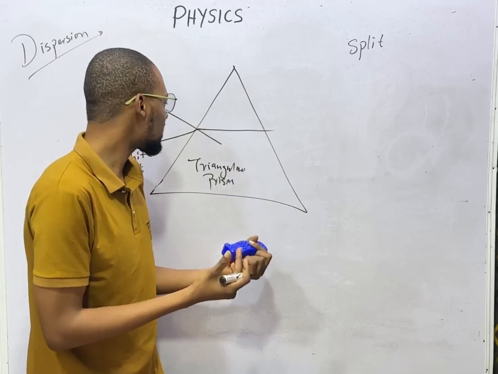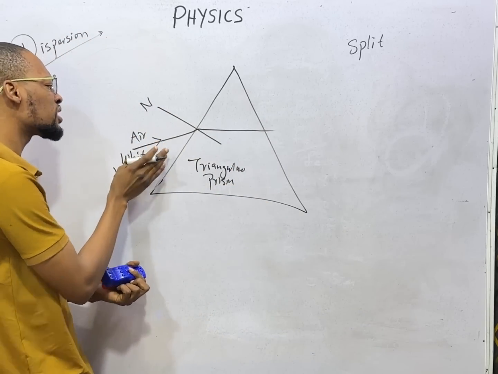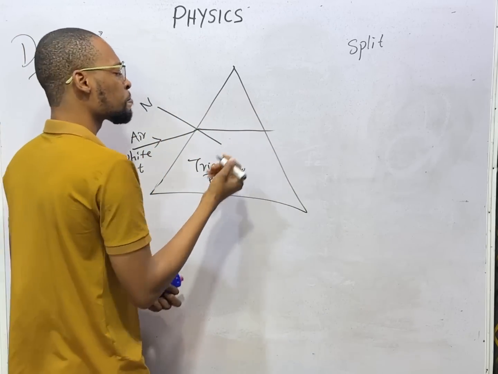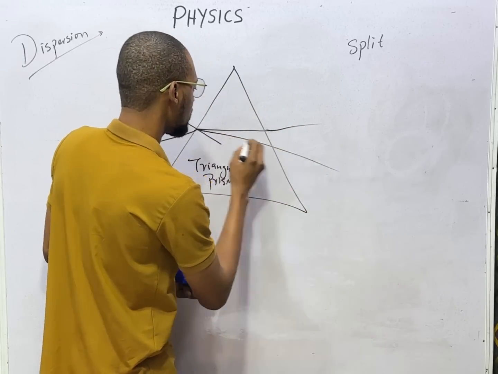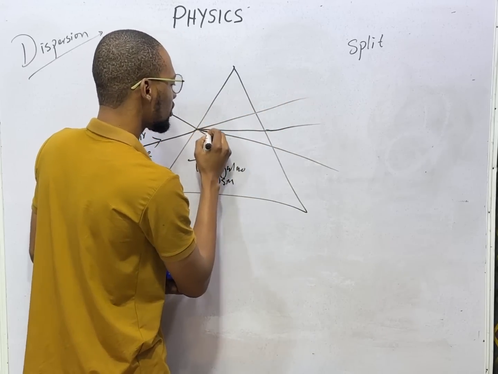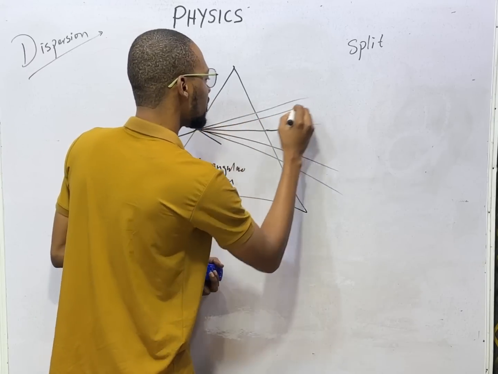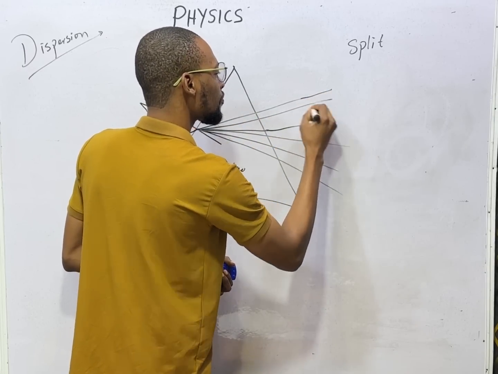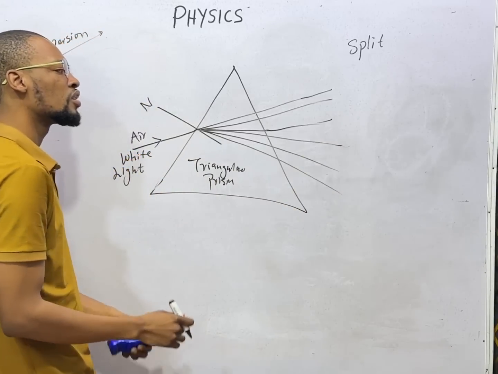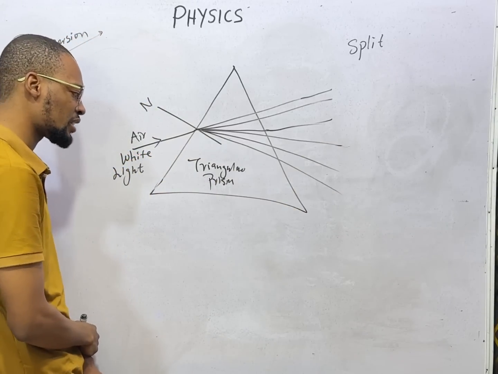Let's say this is white light. Once it is passed through this prism, it splits into its component colors, like this, like this, like this. So these are the component colors of the white light.